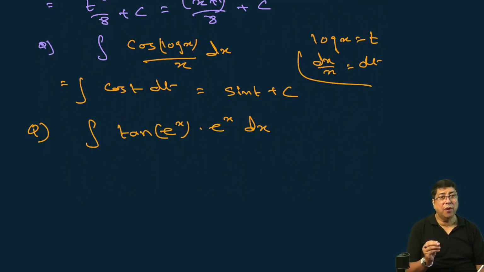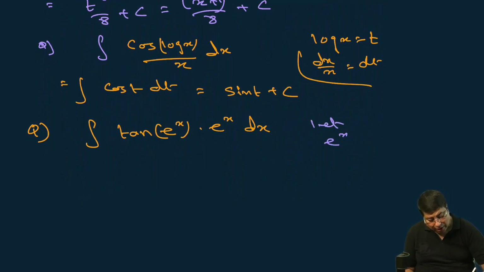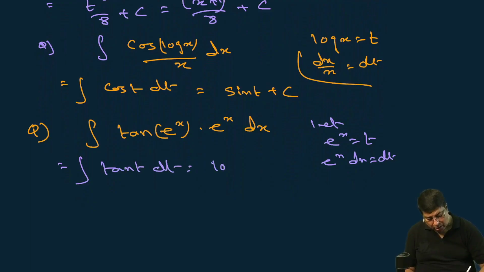The derivative of e to the power x is e to the power x. Therefore, we consider e to the power x equal to t. Let e to the power x equal to t, so e to the power x dx equal to dt. Therefore, the integral of tan t dt gives us log sec t.